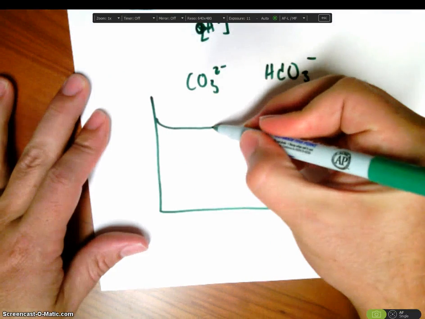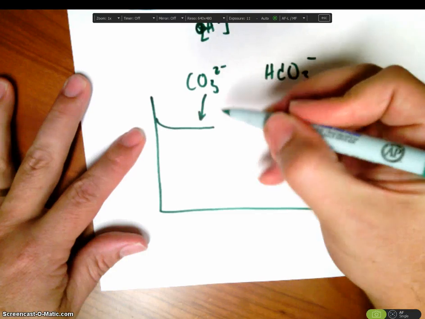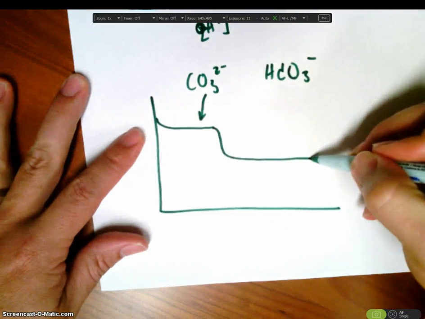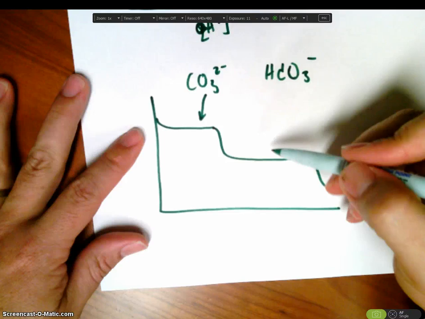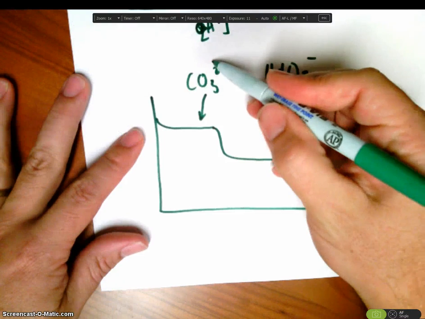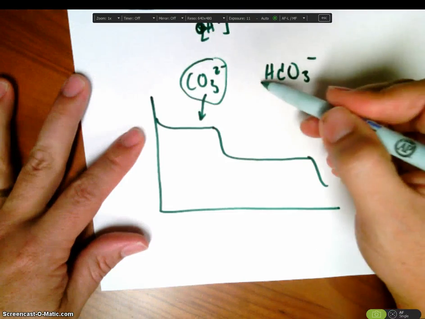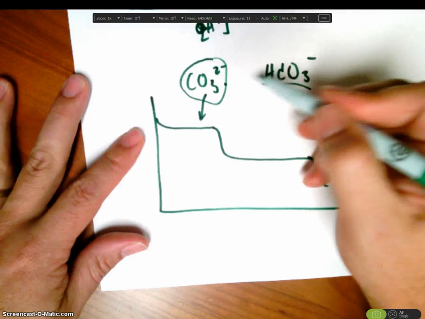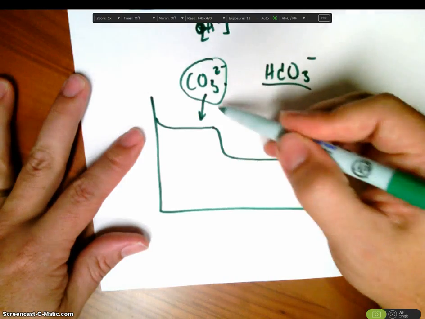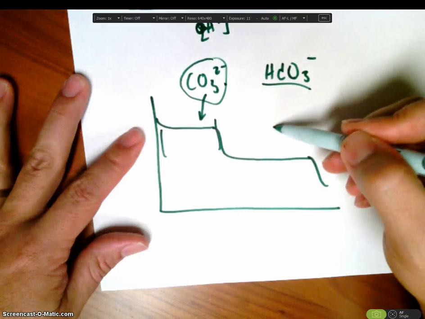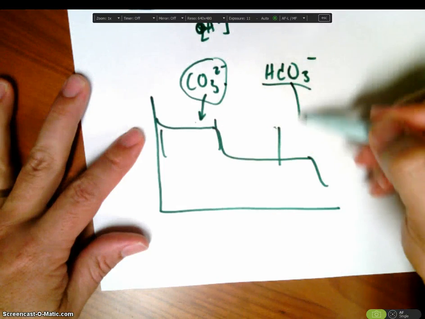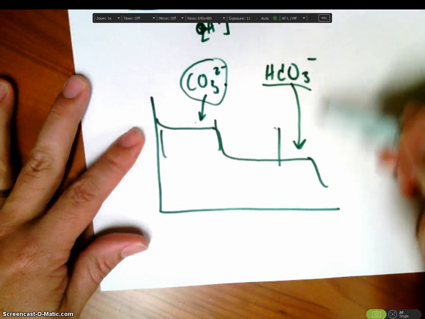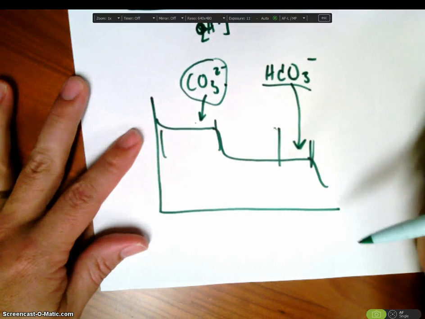Then the length here will be related to the amount of bicarbonate ion that was converted from carbonate to bicarbonate, right? So there'll be a certain length here that's related to this stuff, but then whatever was just bicarbonate in the first place, that amount will be there.